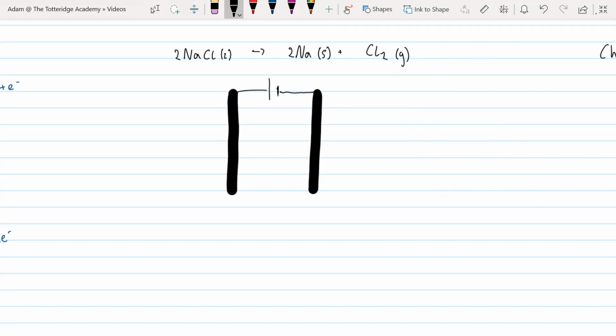Like this. What are these called? I'd like you to call out your answer on 3. 1, 2, 3. They are called electrodes. And of course, we have a positive and a negative electrode, and we looked at that 2 videos ago.